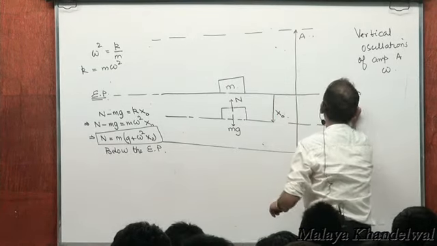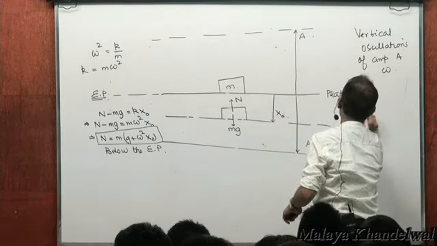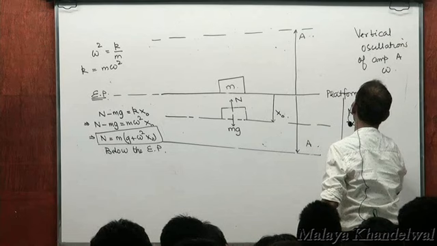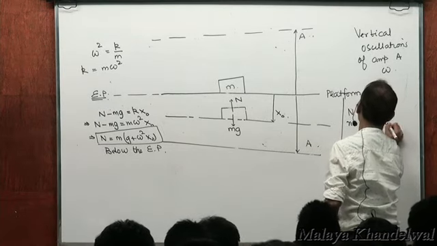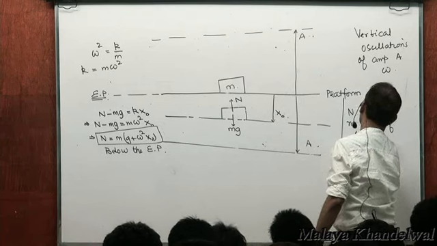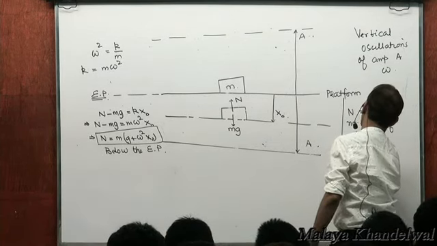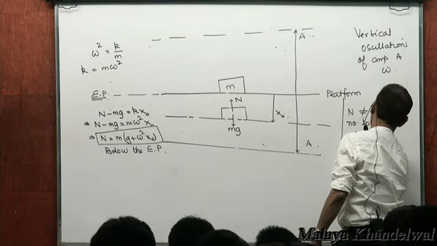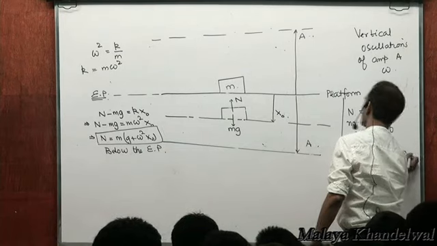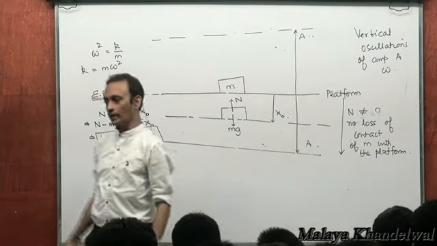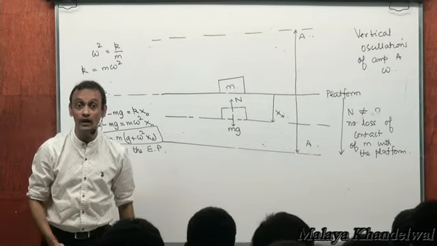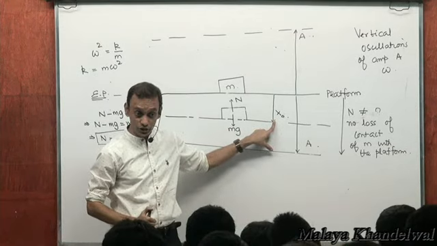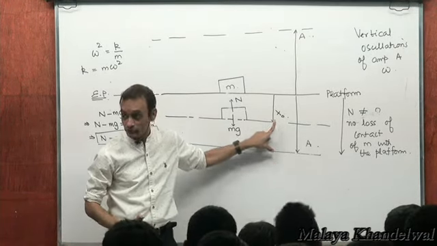So below the mean position, N never becomes 0, and no loss of contact of small m with the platform ever takes place. Whether you increase omega, decrease omega, increase amplitude, decrease amplitude, for no value of x naught below the mean position would there ever be loss of contact.